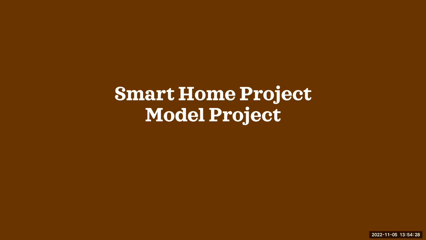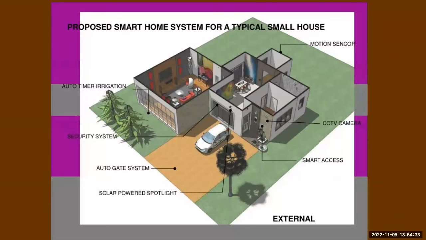So here's a model project that I put together where you can see how you can use a smart home system for a typical smart home. As you can see here, we have auto time irrigation. We have a security system.